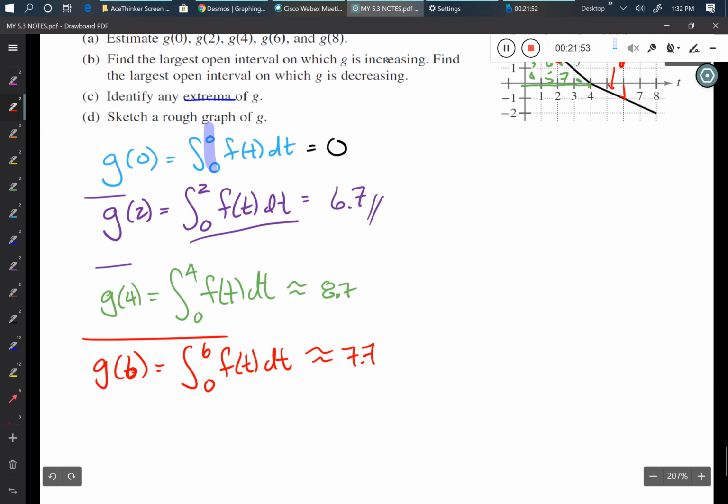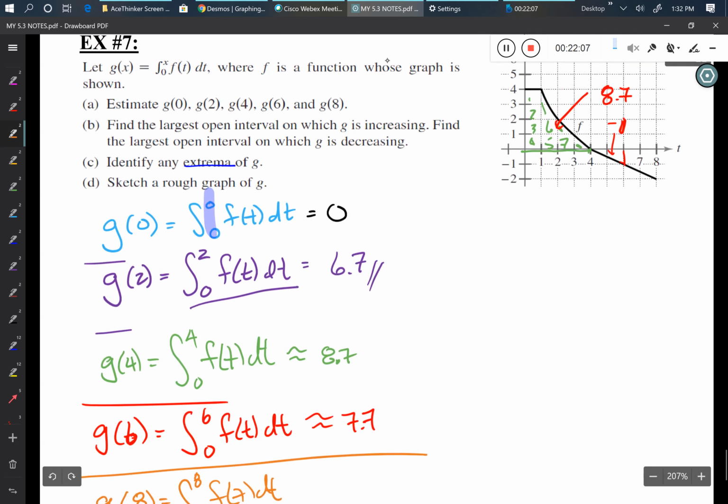And then what's the last thing they want us to do? G of 8. G of 8 says keep going all the way out to 8. So again, I know the positive piece up above is about 8.7. How much is all that? 1, 2, 3, 3.7.